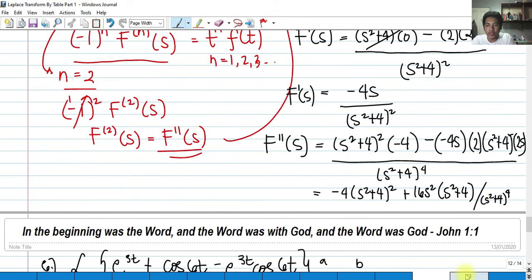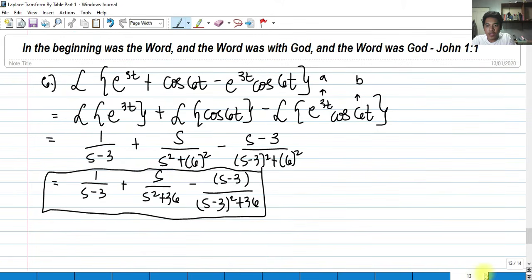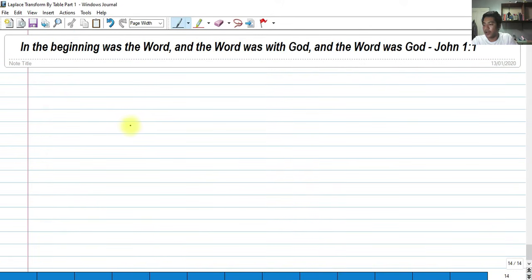Let me just rewrite this on the other side of the page.